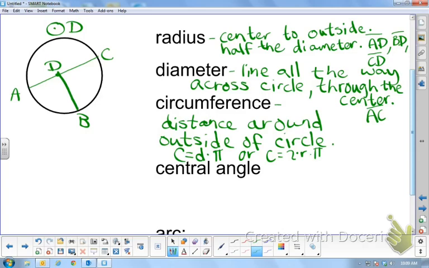If I started at B, went to D, went to C, that would be a central angle. Or I could do ADB. ADC would also be a central angle, as long as we start on the outside edge of the circle, hit the center, and then hit the outside somewhere else. So it's an angle going through the center of the circle.